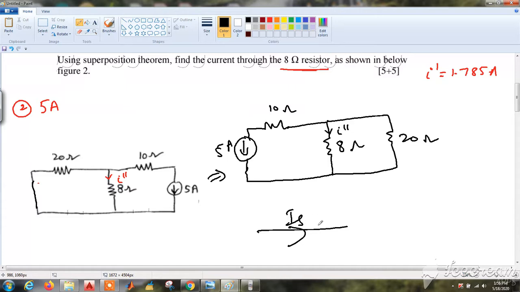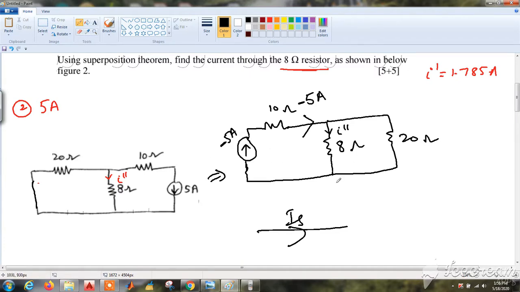So if we want to make the 5 amperes in this direction, we have to take the opposite sign. This is plus 5 amperes, so we have to take minus 5 amperes to reverse its direction. So let us reverse its direction like this.